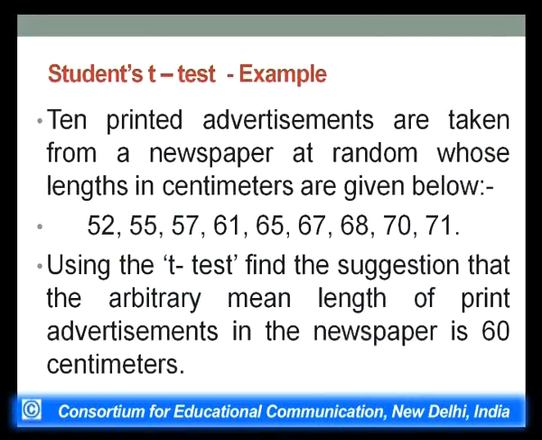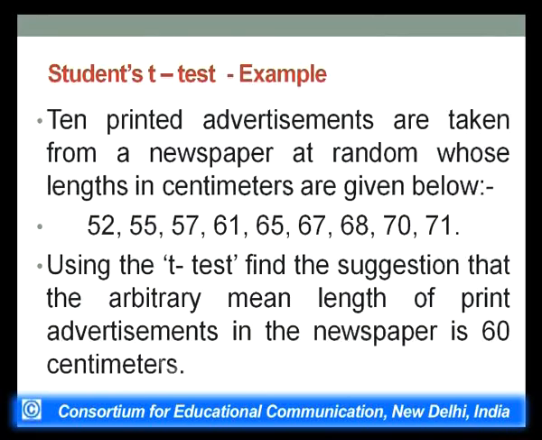Now the question is, when you have 10 lengths of printed advertisements and you assume that it should be around 60 in length, whether this assumption of 60 is correct or not. By just seeing the data you can't say, because how can you say with 52, 55, 57, 61, 65, 67, 68, 70 and 71?